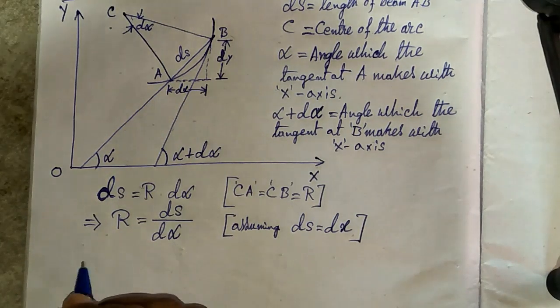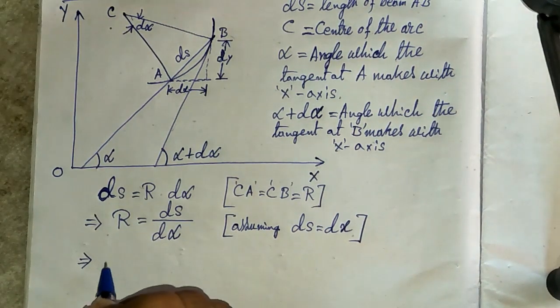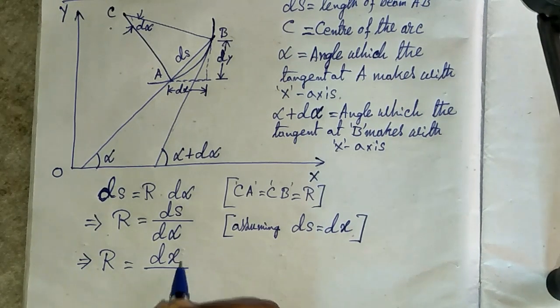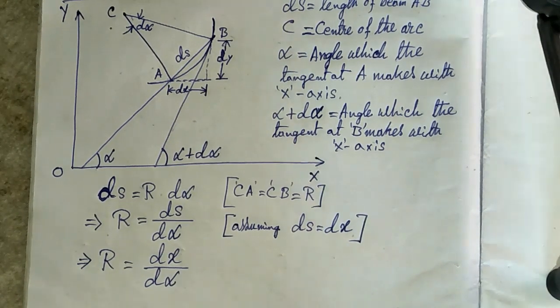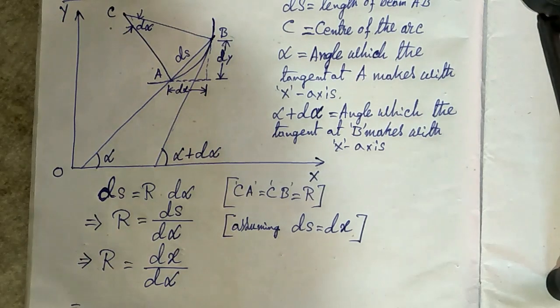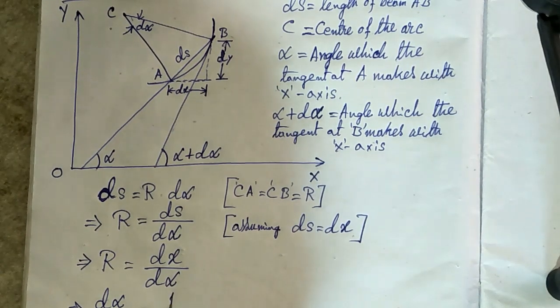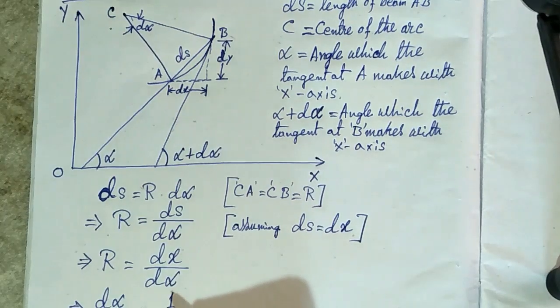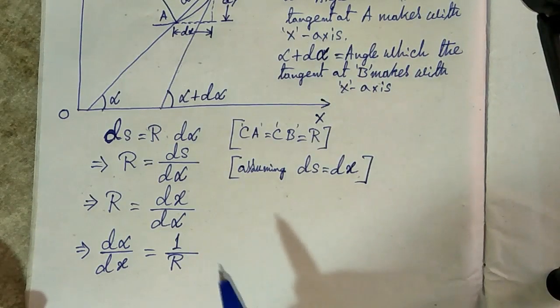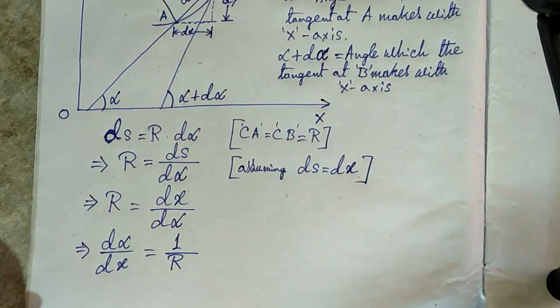So we can write R equals dx by d alpha, or d alpha by dx equals 1 by R.